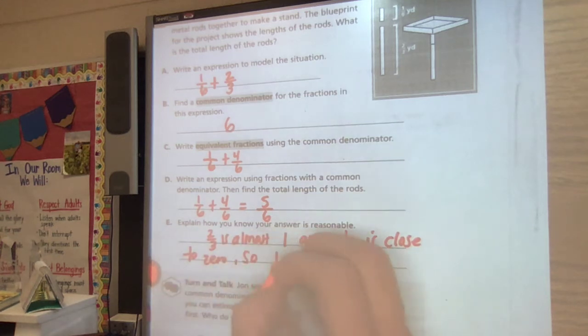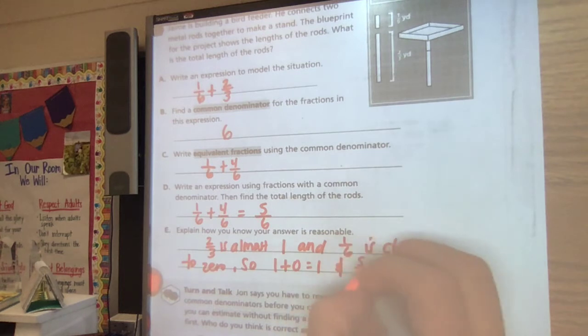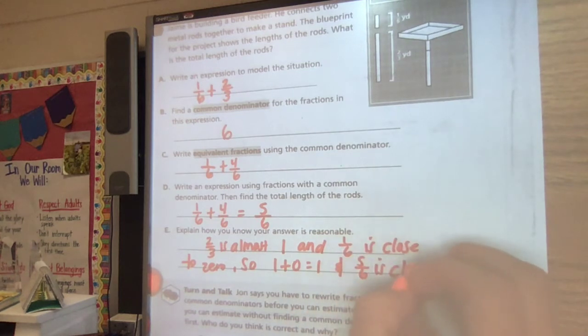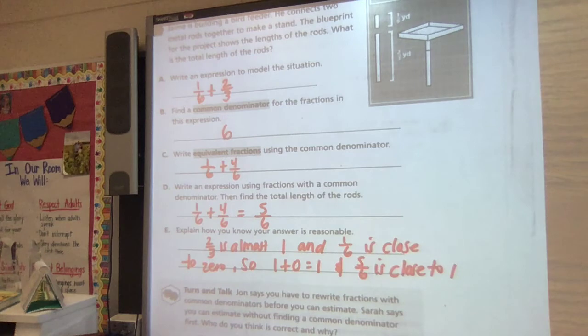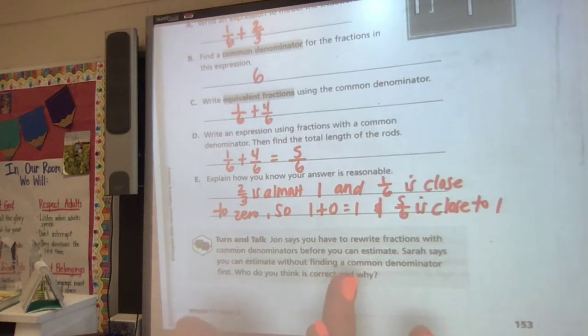So 1 plus 0 equals 1, and 5/6 is close to 1. Now there may be other things that you did to assess the reasonableness, but rounding those, like we talked about last week, to benchmark fractions, 0, a half, or a whole, can be very helpful.